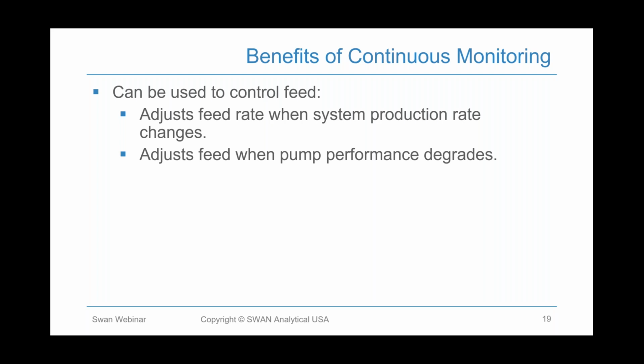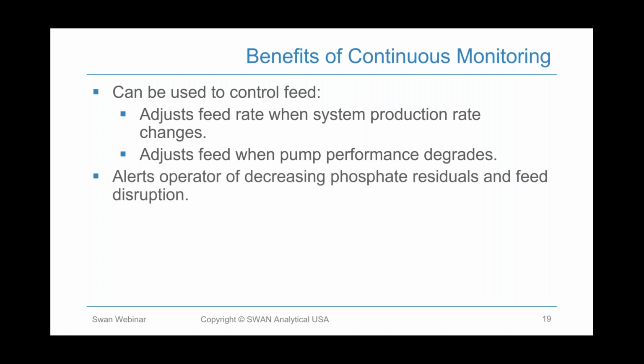Or if our pump starts to slow down, we're not supplying, we'll know exactly what that value is. So we can alert operators for decreasing phosphate residuals. And if you don't have a SCADA system, if you don't have feed, but you do have a pump, this instrument can actually control a pump directly.